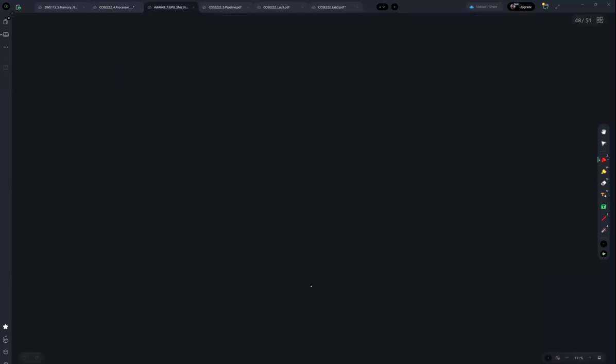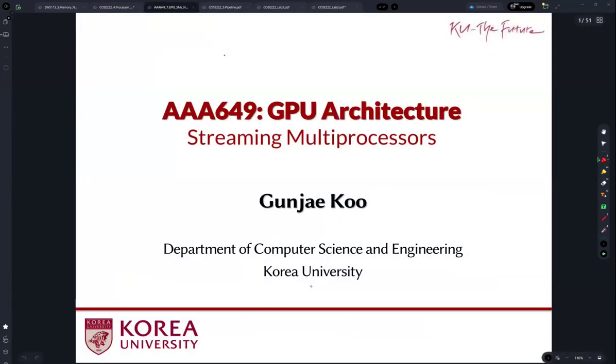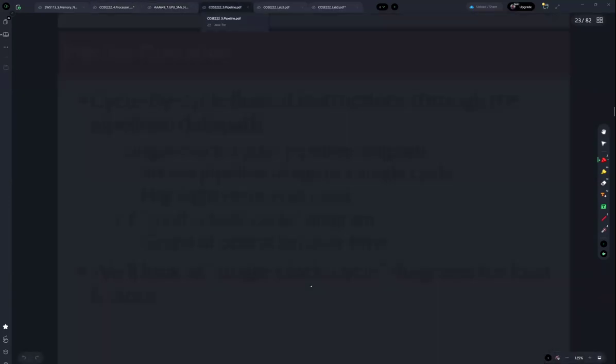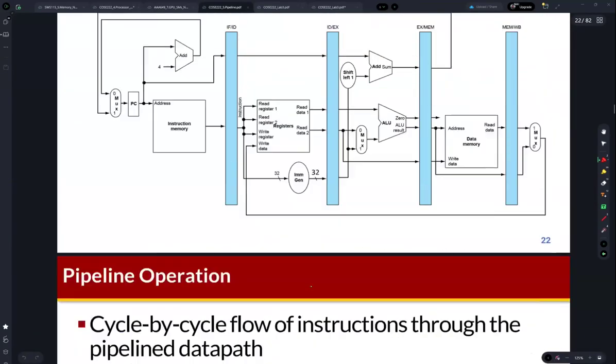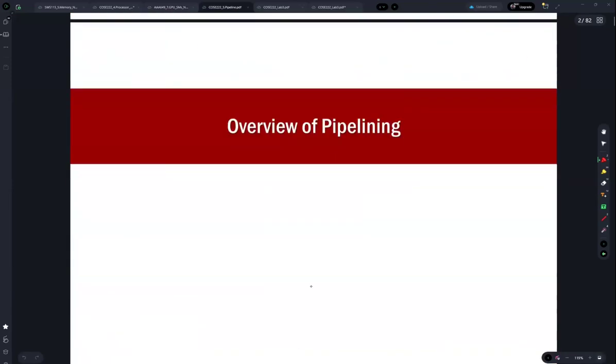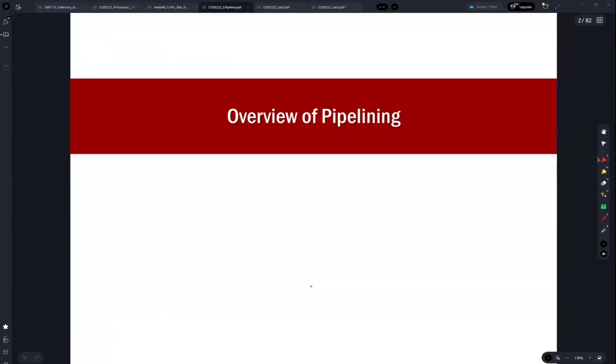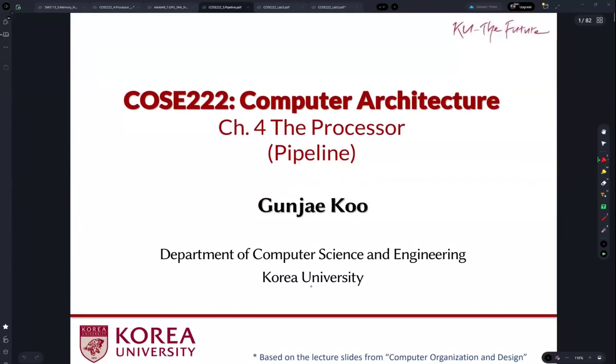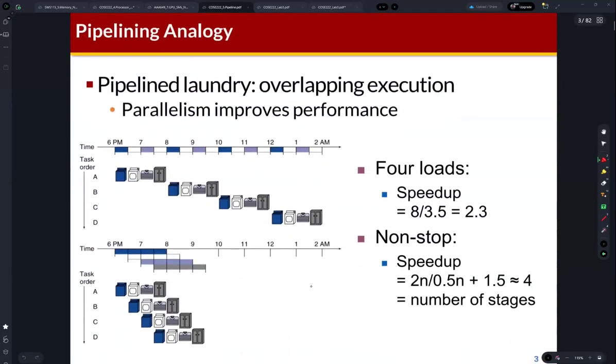Okay, so we need to improve the performance of the processor using pipelining.